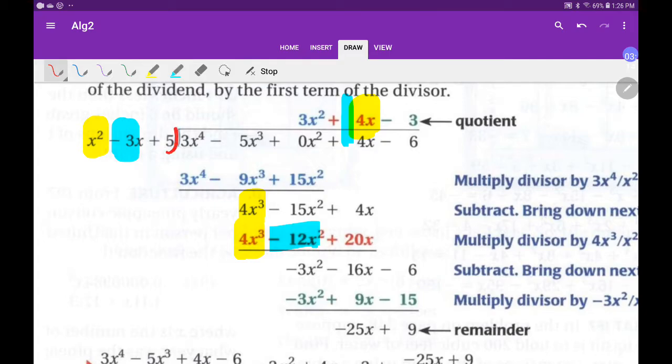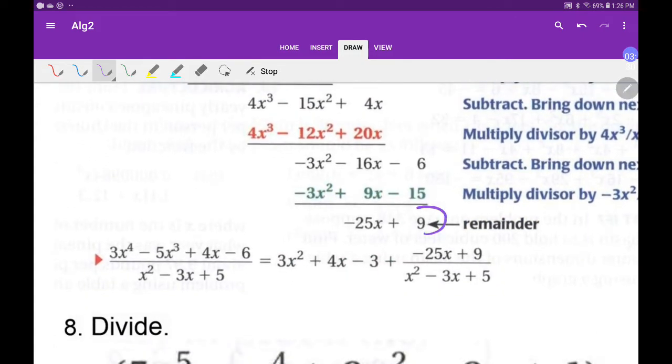I also have to multiply this by this, and so I get this. Okay. Hopefully you can see. The first thing is what determines what we're going to do, but then I also have to do it by that and that, okay? And in this case, it doesn't work out perfectly. I don't get 0 at the end. I get more than 9. I don't get just 9. I get 9 and also a negative 25x.